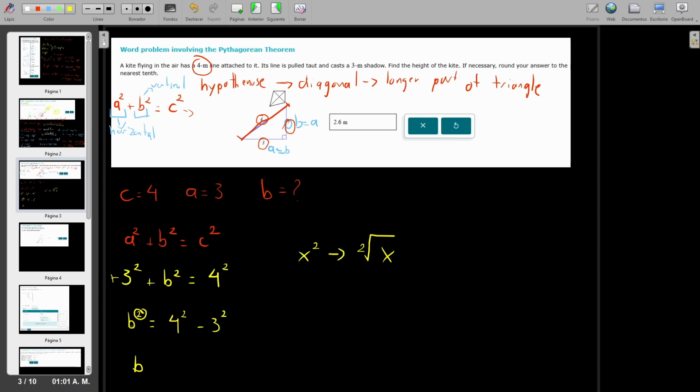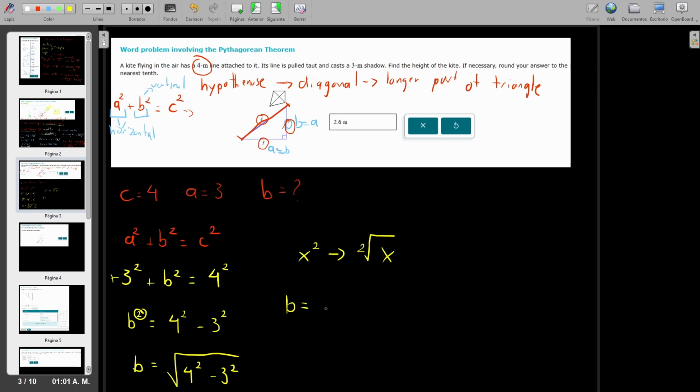For example, in this case, to get rid of this square part, we take the square root of the whole thing. In this case, it's going to be the square root of 4 squared minus 3 squared. We continue.